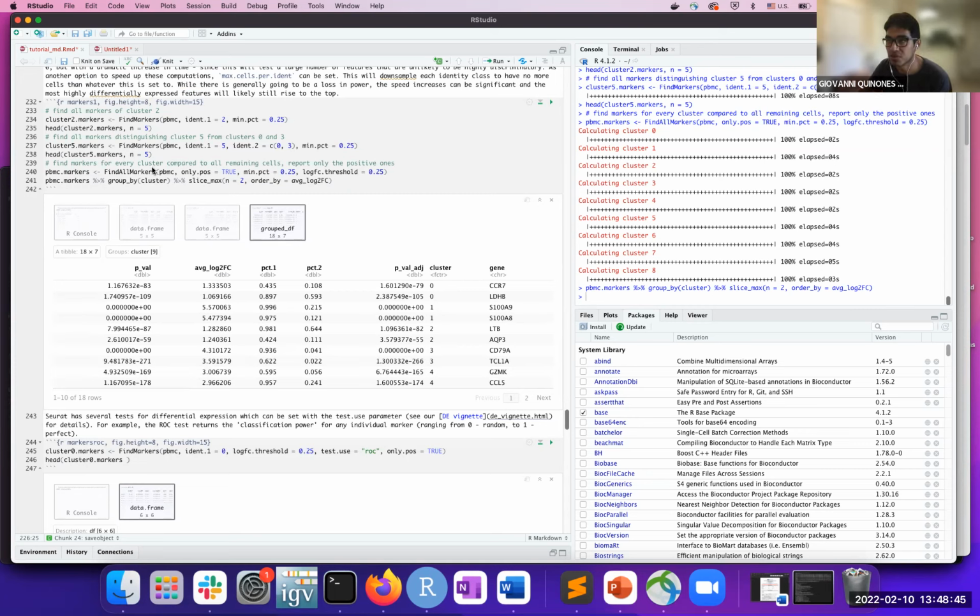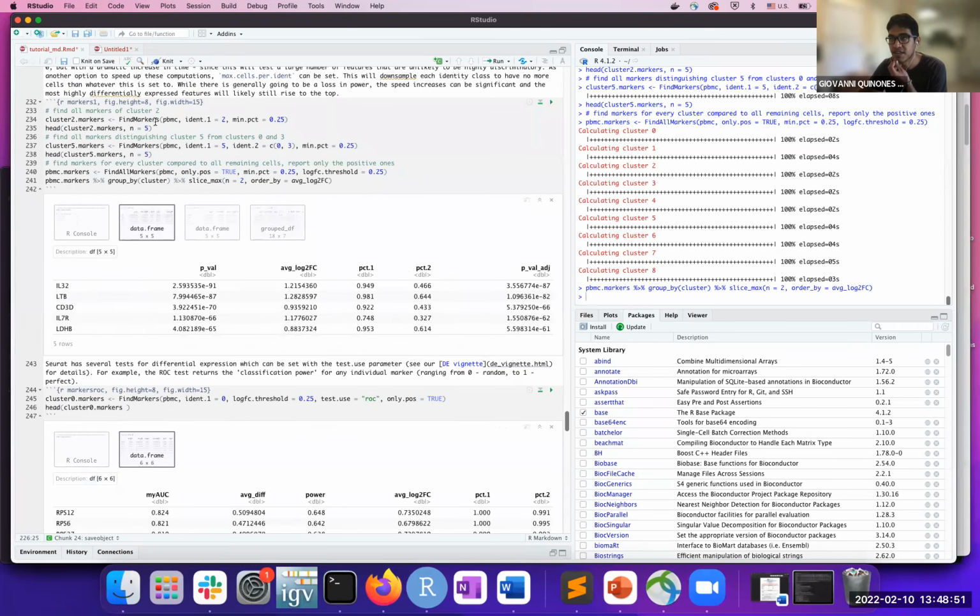Now going back to the results from our marker genes. Let's look at the output from this first line, which is find markers for cluster number 1. Here we're just showing the top 5 genes that we identified. So here we have our gene names.